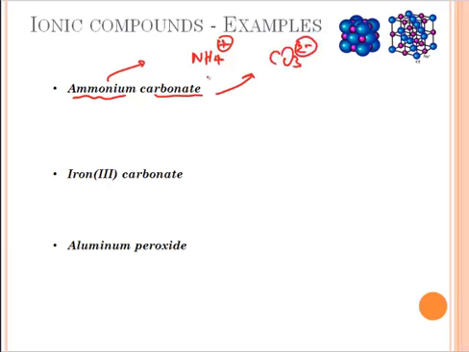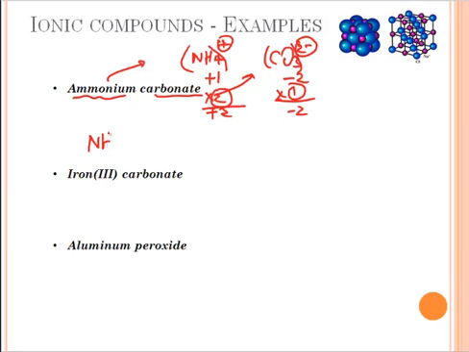Let's go through the process. This one is +1, that is -2. How do you get them to 0? LCM, least common multiple. So in this case, I need to multiply this by 2. I will multiply this by 1. So the negative and positive cancel each other out. I need a 2 of this, 1 of that. Remember, polyatomic ion, immediately bracket.